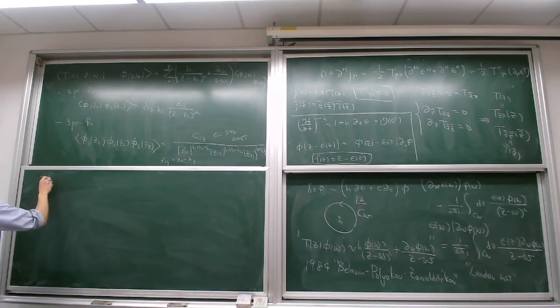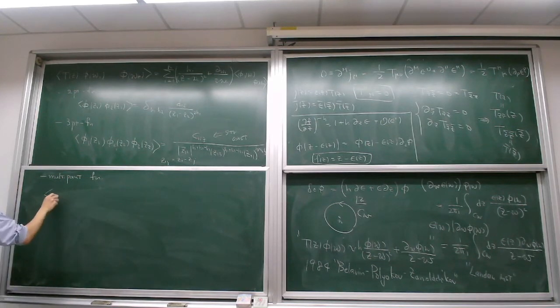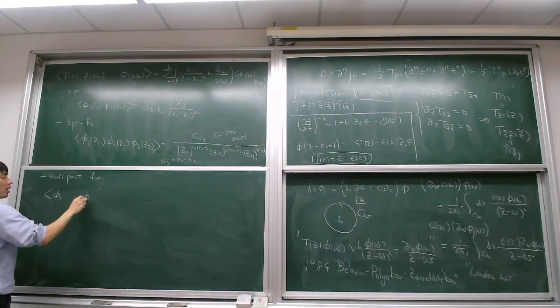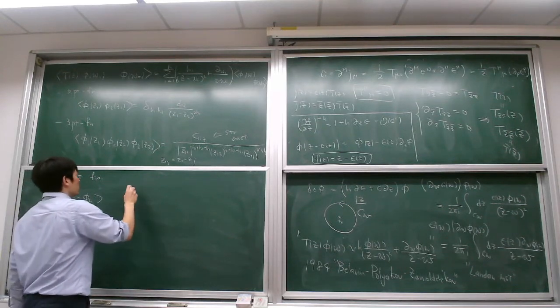So the multi-point function is phi 1 to phi k, and you need a so-called conformal block.